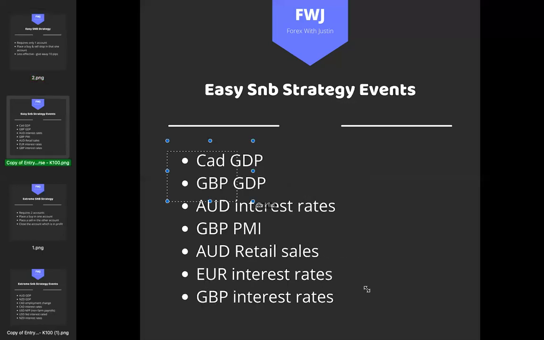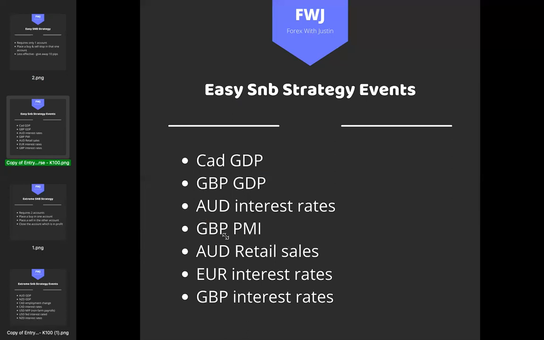Okay. So when it comes to the AZSMB, it's got its own list of news events you can trade it with. This is the list. There's CAD GDP, which is just the Canadian currency. Then there's GBP GDP, which is pounds. There's AUD interest rates, which is for the Australian dollar. Then there's GBP PMI, which is again for pounds, Great British pounds.